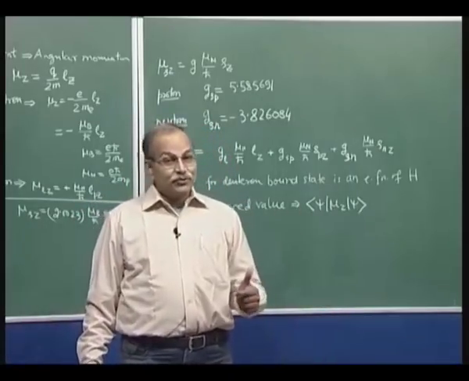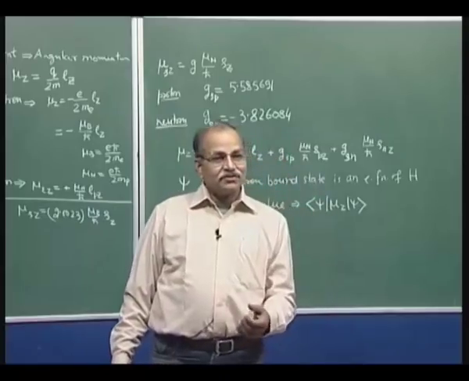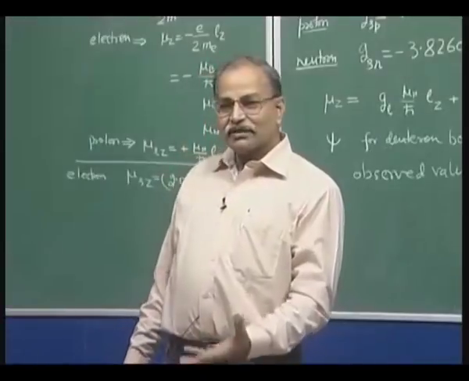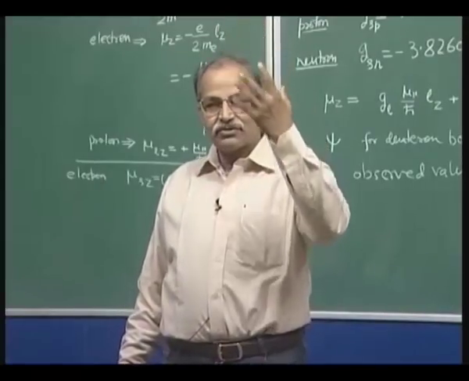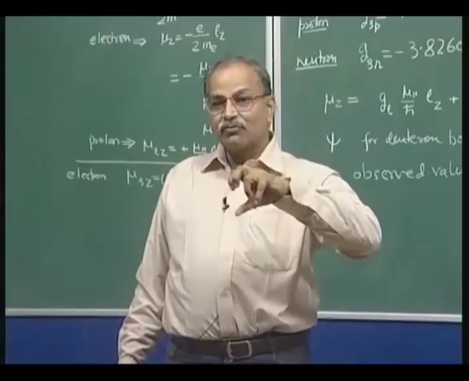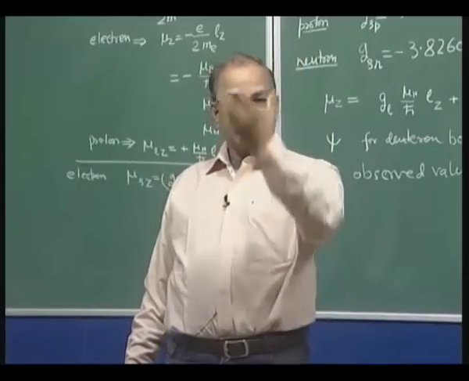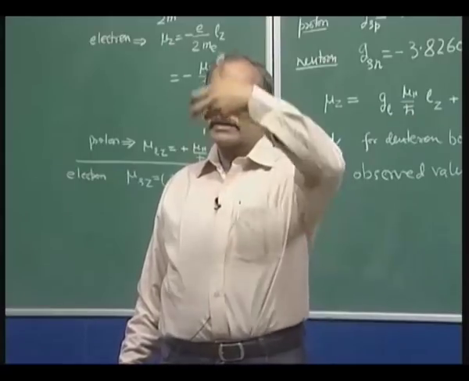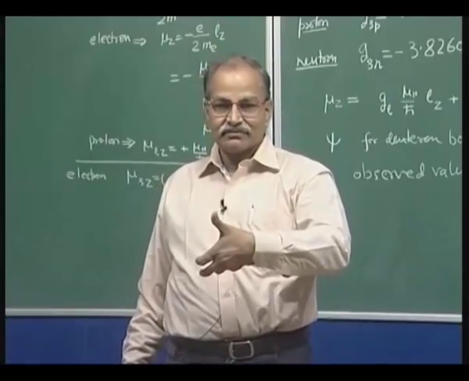Now, when you do an experiment, normally for measuring this magnetic moment, you apply some kind of magnetic field or so. So, this mu z gets oriented. The magnetic moment, if you apply a magnetic field, the magnetic moment will turn and will take that direction of magnetic field, right.